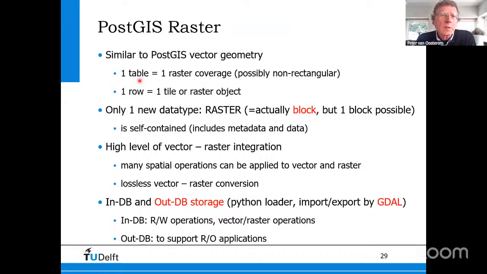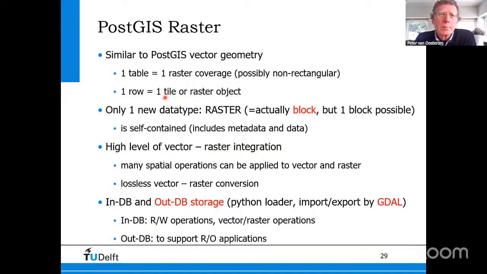So in one table, you try to store one raster coverage, and that can be a collection of images, where the total is possibly non-rectangular. Maybe you want to cover a country or a city, and the cities are not rectangular. And in this table, one row is actually one tile or a raster object.